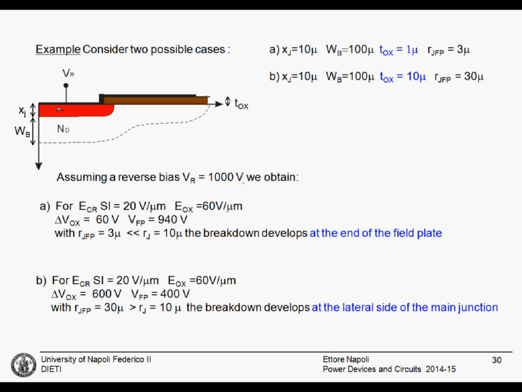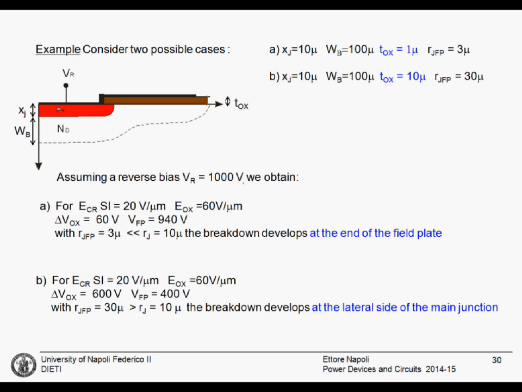Assuming a reverse bias of 1000 volts, we obtain, for the first case, the critical electric field for silicon is 20 volt per micron. The electric field through the silicon dioxide is 3 times, is 60 volts per micron. And the voltage drop on the silicon dioxide is 60 volts.